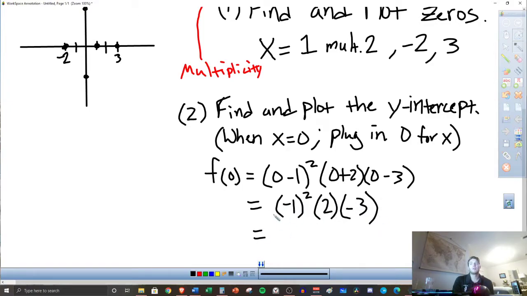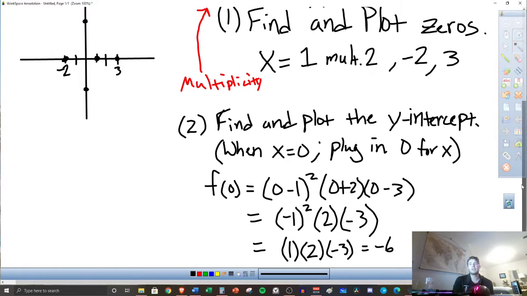Make sure that you use parentheses if you're using a calculator for this, and when you're squaring the -1, remember anything squared is positive. So this is going to be 1 times 2 times -3. So our Y-intercept is -6, okay? We're going to place this Y-intercept, -6, down here. So we're just going to call this -6 for the Y value, okay?